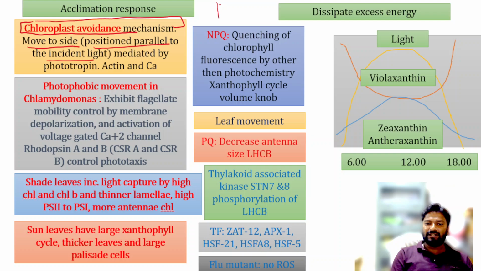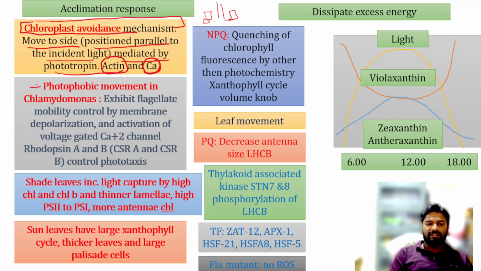Means as this light is coming, your chloroplasts will accumulate here, to reduce the light absorption. And this movement is mediated by phototropin and the cytoskeleton, that is actin, and calcium. Okay, so this is also one of the acclimation responses for highlight stress.